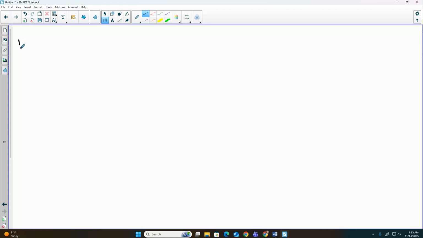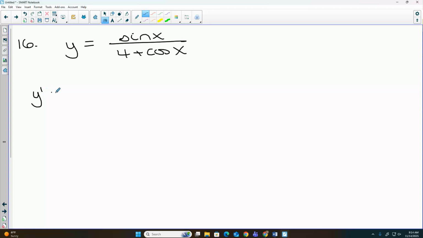All right, problem 16. So if we are doing our derivative, we can't get rid of the quotient. We have two terms on the bottom, so we couldn't simplify even if we wanted to. So we have to do quotient rule, so low d high, what's the derivative of sine?